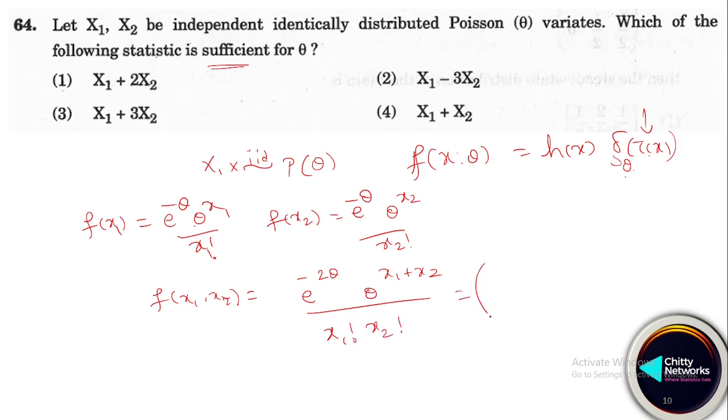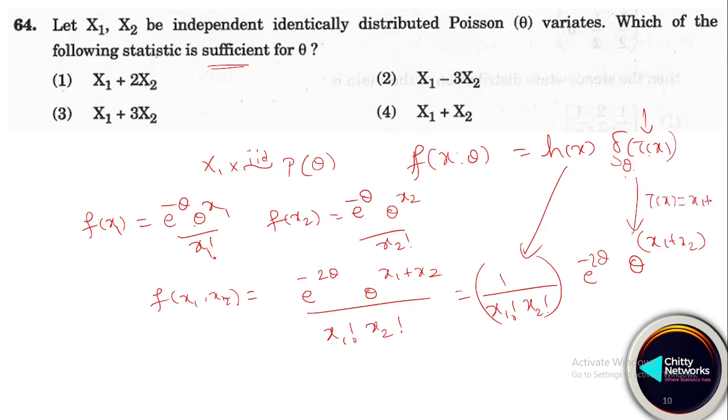The factorial terms I write here, and e to the power minus 2 theta, theta to the power x1 plus x2, which is independent of x, I write there. Using this theorem, this is h of x and this is a function g theta of T(x). So here T(x) is nothing but x1 plus x2.